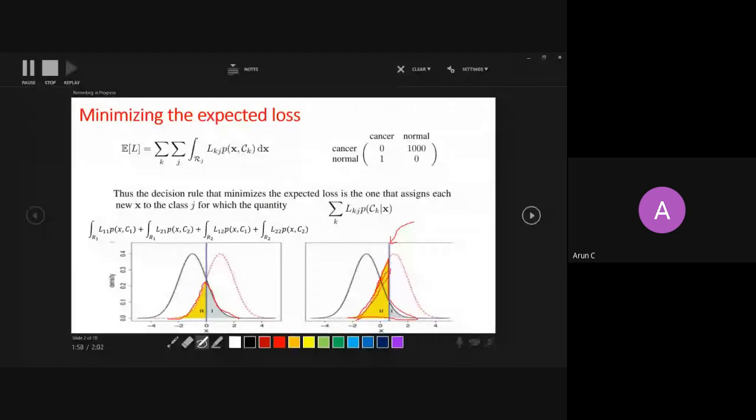If you shift the boundary to here, it gives this area, and if you slide further, then this additional area is added. So the decision boundary is optimal only when you minimize your error, and you get the minimum error only with this decision boundary. We have discussed this and understood it.